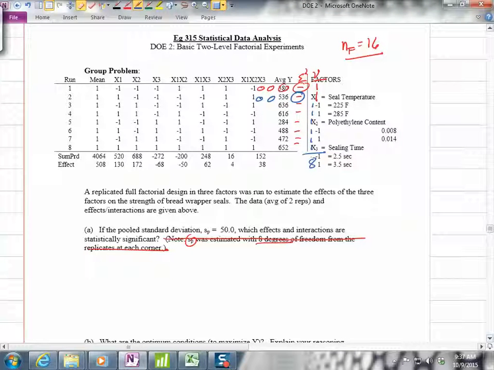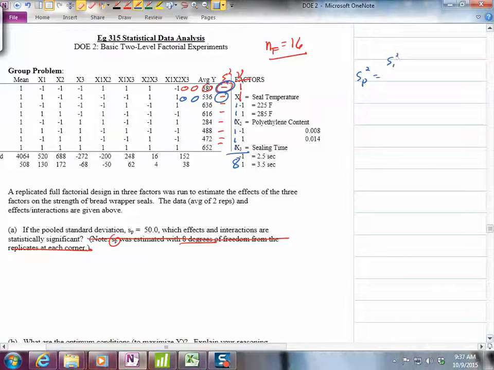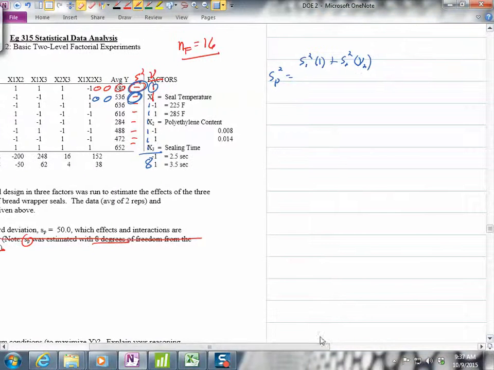When we pool them all together, remember, what do we do for SP squared? We take this guy, S1 squared, times its degrees of freedom, plus the next one, S2 squared, times its degrees of freedom, on and on and on until we get to our 8th estimate of variance, right?